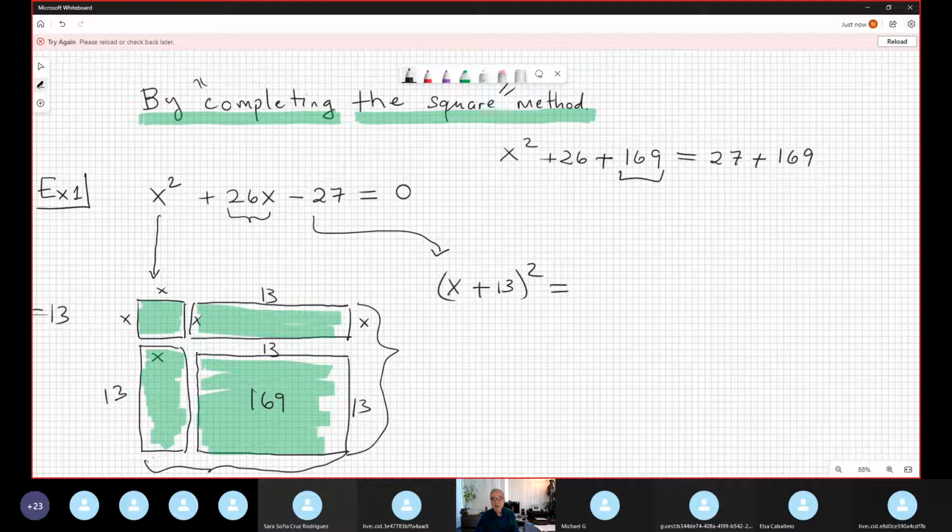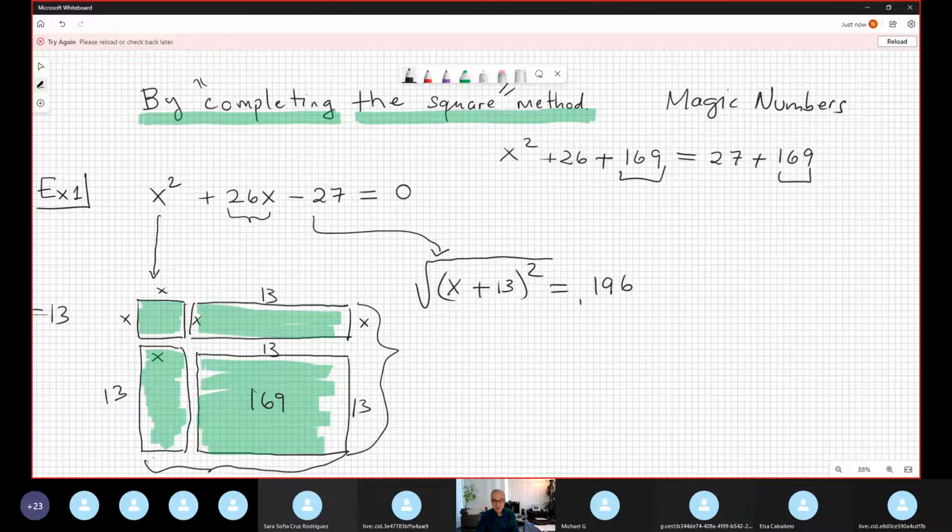You put 169 on both sides because this is the magic number. You use it to complete the square. Then 27 and 169 together is 196. Then you take the square root of both sides.